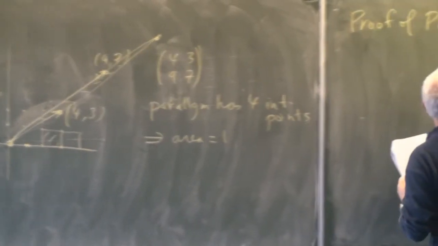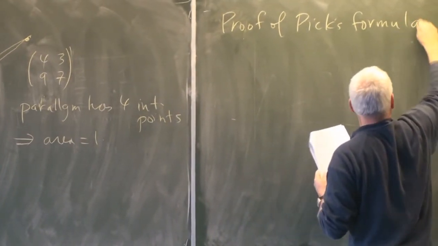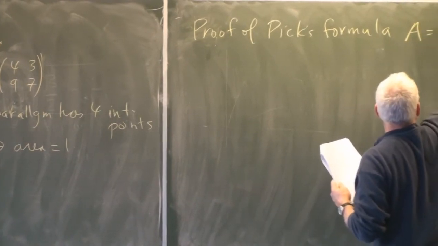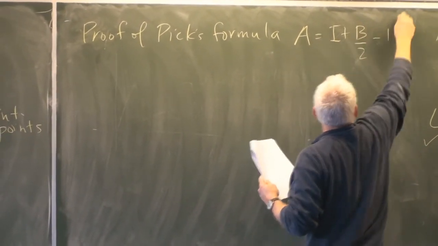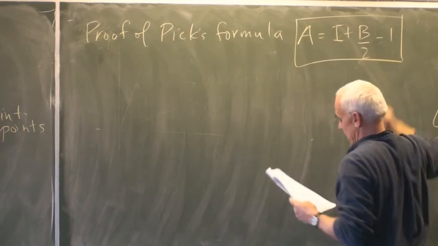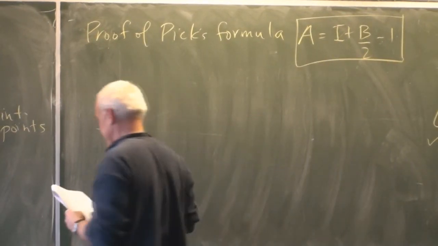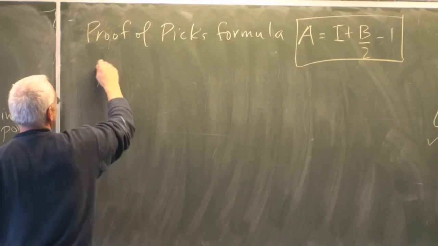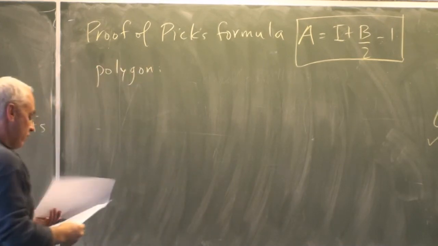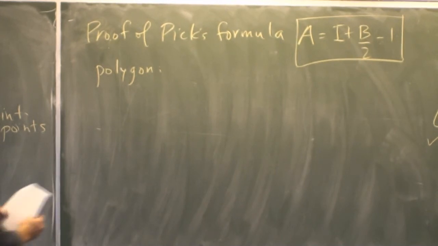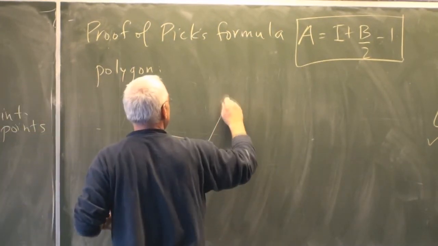Proof of Pick's formula. So I'll write that again. A equals I plus B over 2 minus 1 for the area of our polygon T. Let's call the polygon T. So there's our polygon.